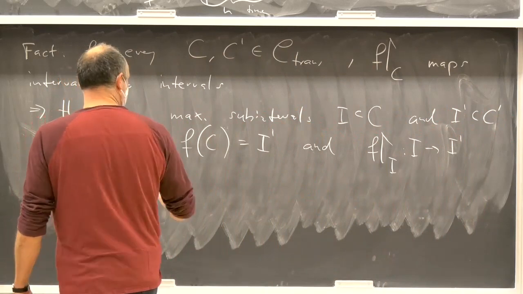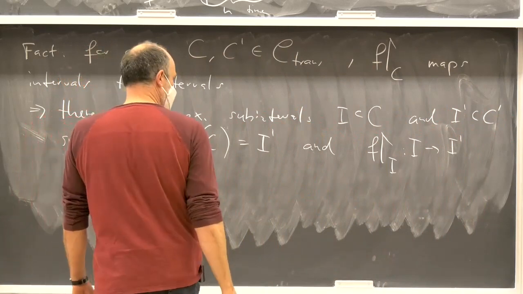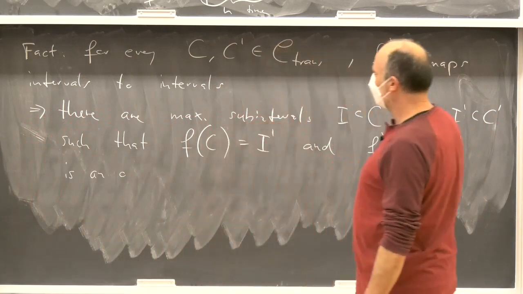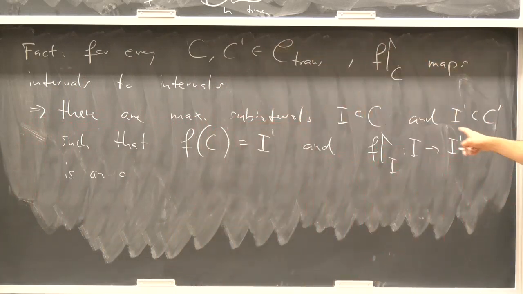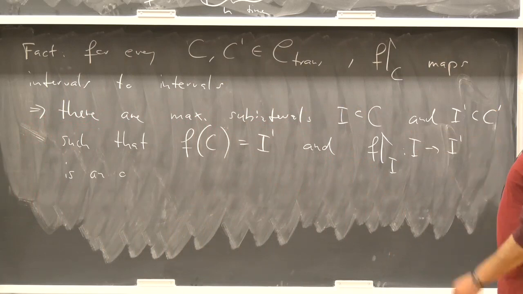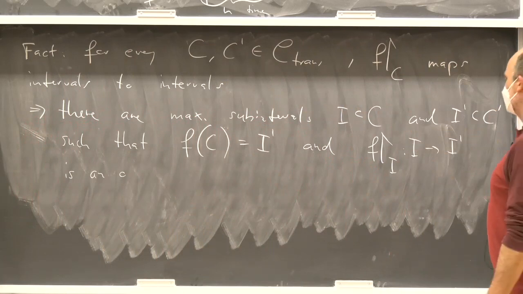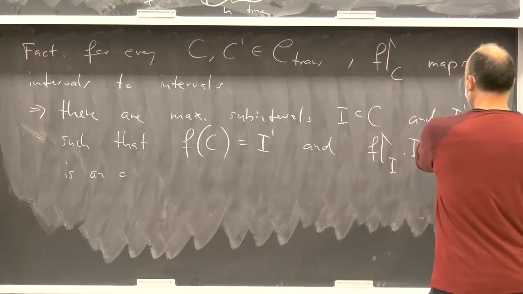There are also points that might not map to C prime at all. Yeah, exactly. So it might be empty. You notice FC is I prime, so I suppose you mean the inverse image of I prime is all of I or something like that. Yes, well, yeah. So I prime can be empty.